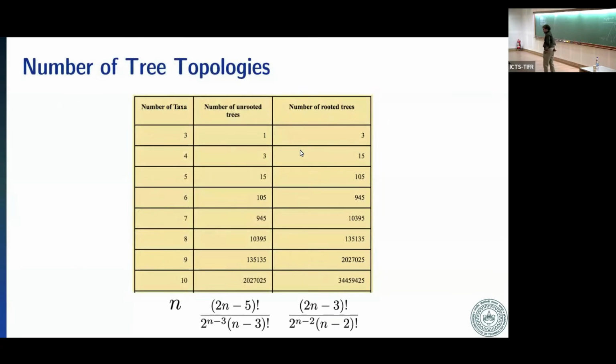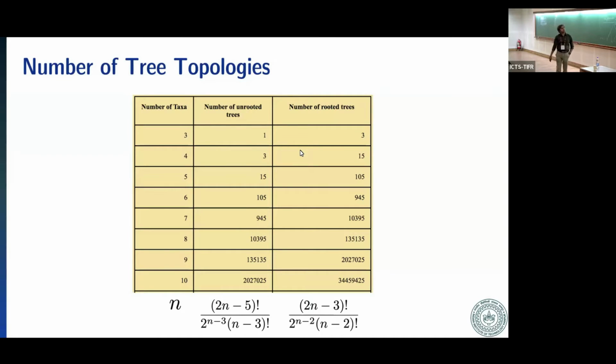Now, just to give you a sense of the number of possibilities. In the first column, I am showing you the number of taxa. The second column shows the number of possible unrooted trees, and the third column shows the number of possible rooted trees. You can see how quickly these numbers grow. We'll start from something simpler.